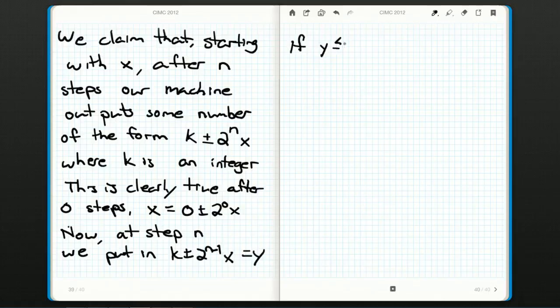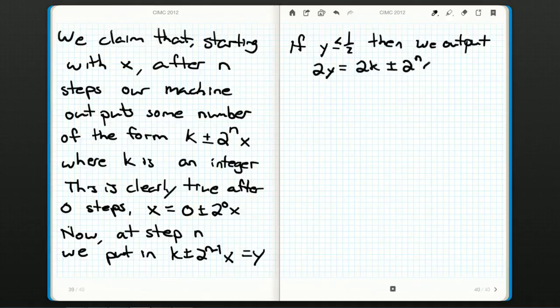So if y is less than a half, then we output 2y, which is going to be 2k plus or minus 2 to the n times x. So it still follows our formula. Fantastic. If y is greater than a half, then what do we output?